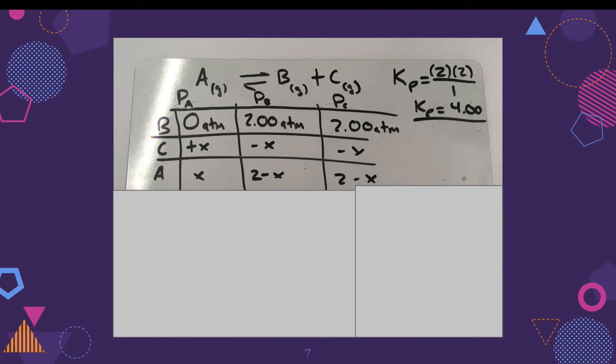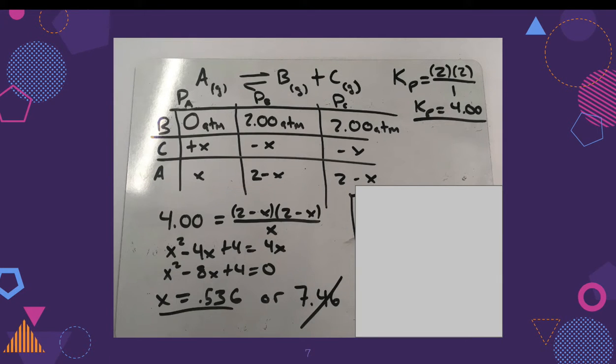Because pressure A is 0 atm, it needs to rebalance according to Le Chatelier's principle, so the reactants are favored in this reaction. Because of that, you have to do plus X on the reactant side and minus X on the product side. So in the after section, you'll have X for pressure A, and 2 minus X for pressures B and C.